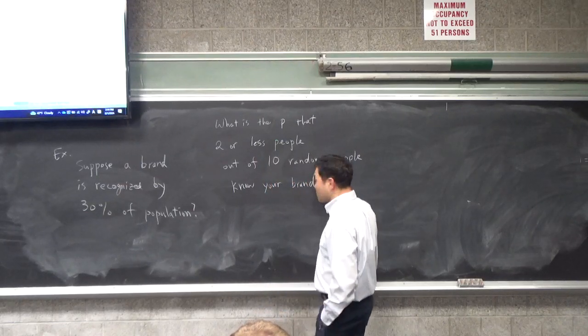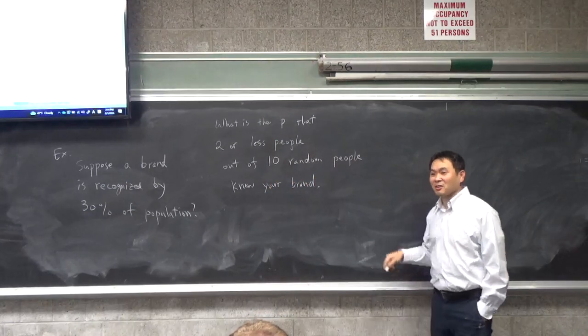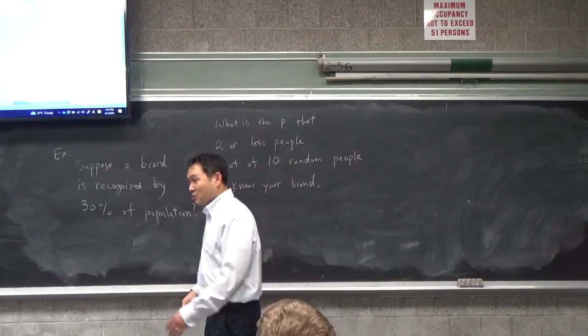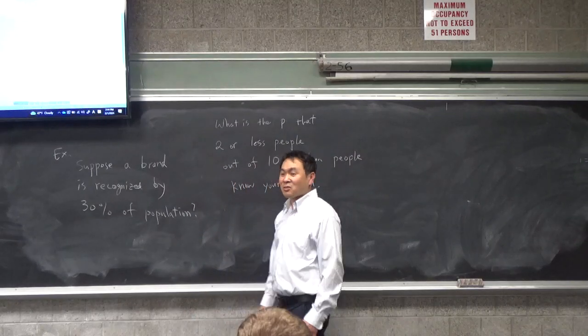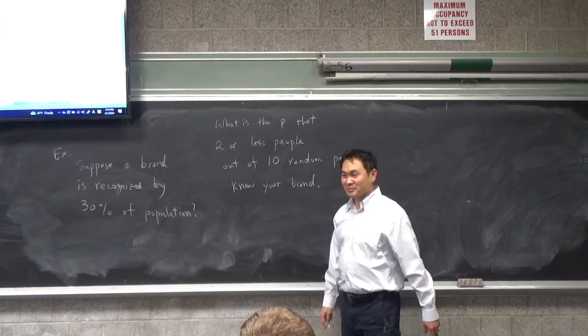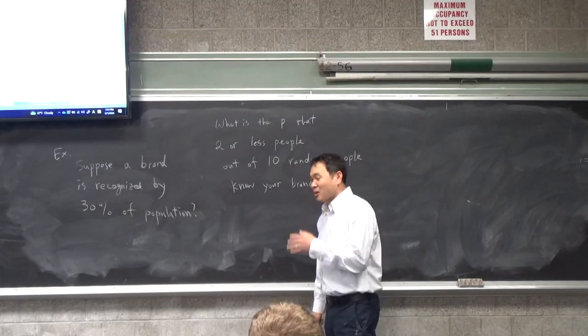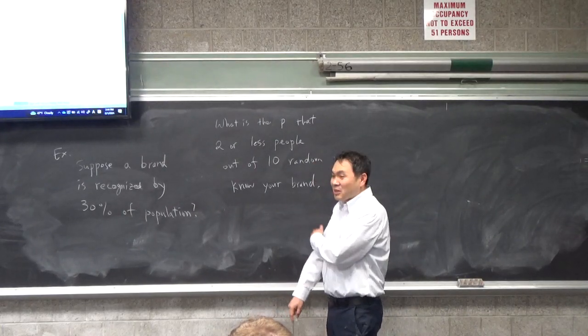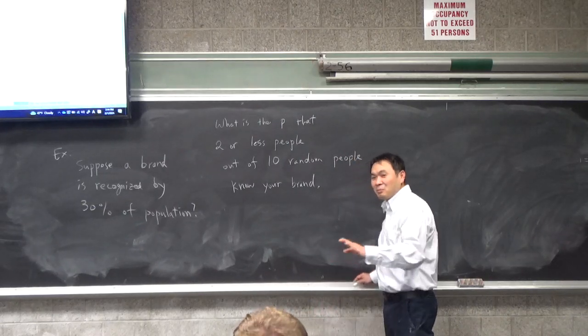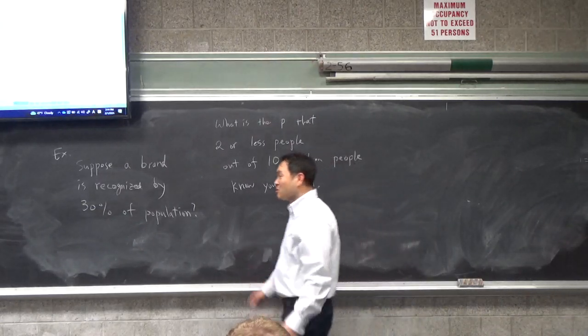So what the CEO does is like, really? Let me check. He goes outside to the street, stops 10 random people, asks them, and out of 10 people, 2 said they know your brand, okay? And you're like, okay, 2. It's kind of less than 30%. Right? It's not 3. So could that be something possible?